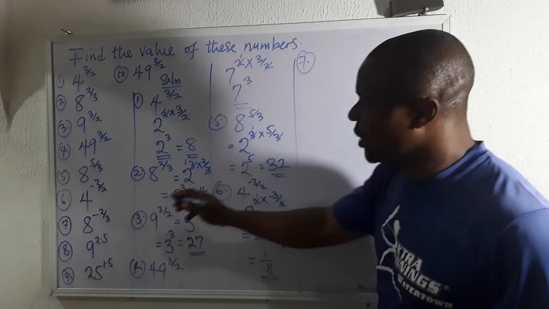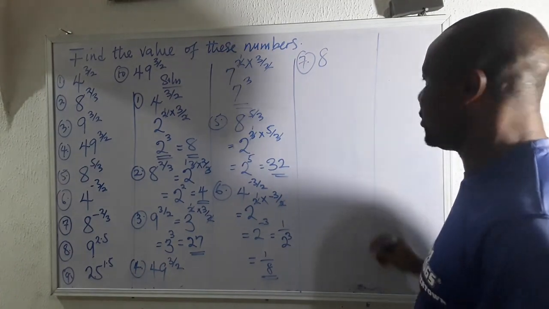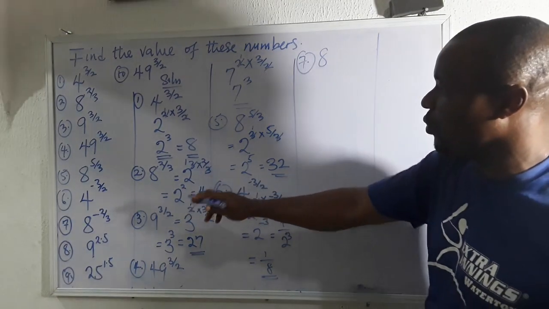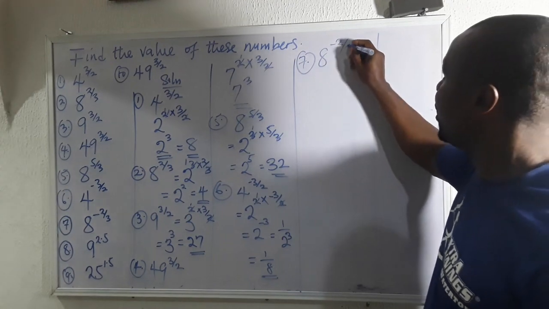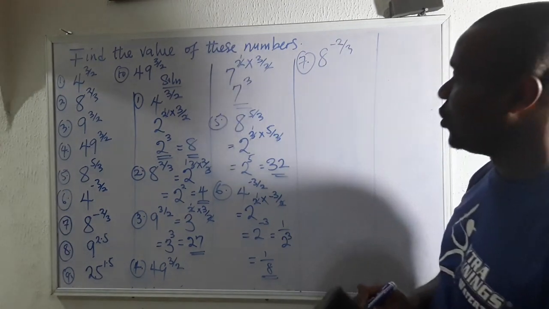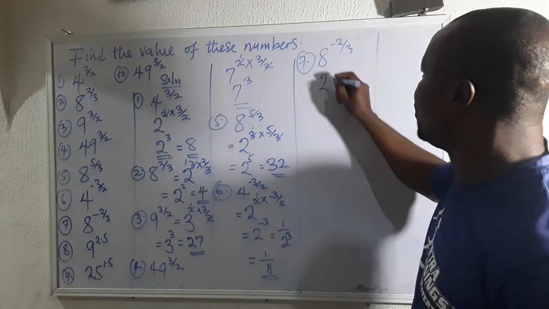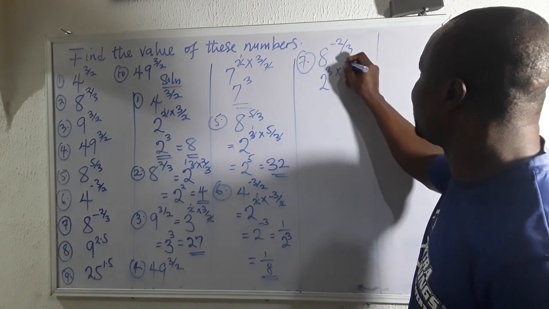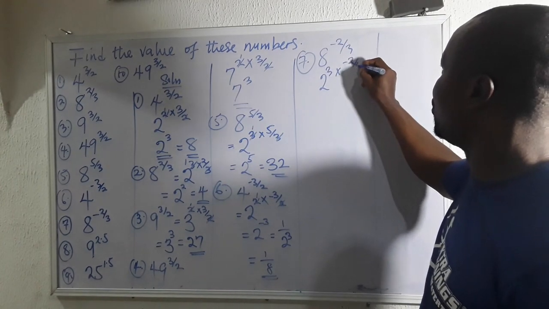The seventh one is 8 raised to the power minus 2 over 3. So we'll re-express this as 2 raised to the power 3, so that will be 2 raised to the power 3 times minus 2 over 3.